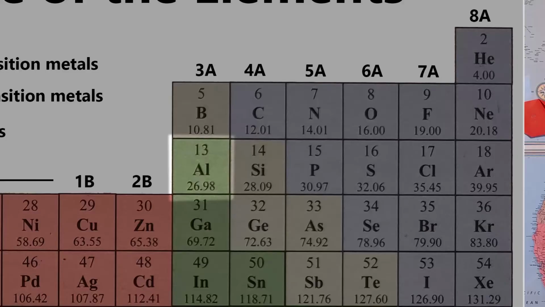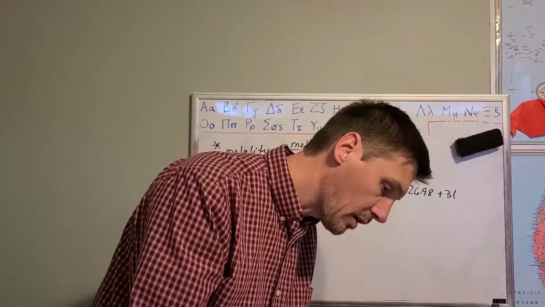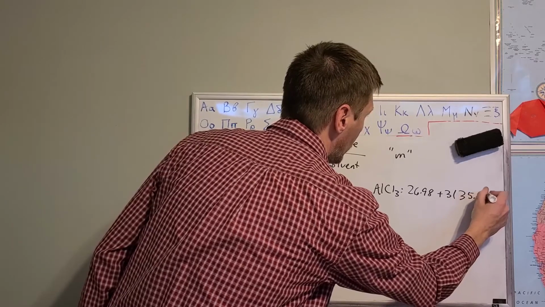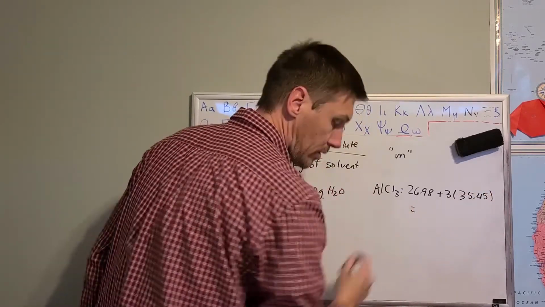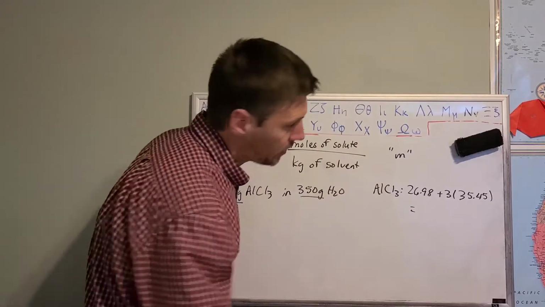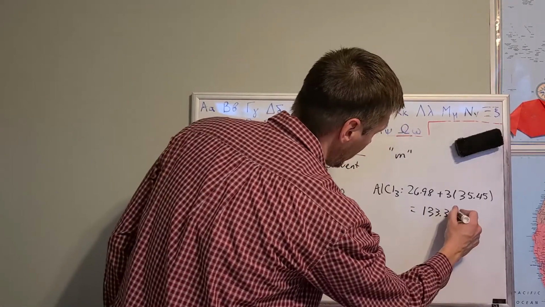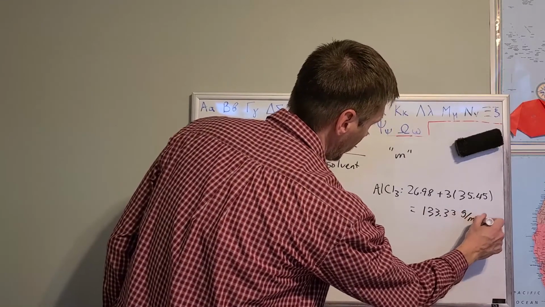AlCl3, we look it up, 26.98 plus 3 times, what was Cl? Cl is 35.45. That's the atomic mass, and so that's going to give us 133.33 grams per mole. Okay?